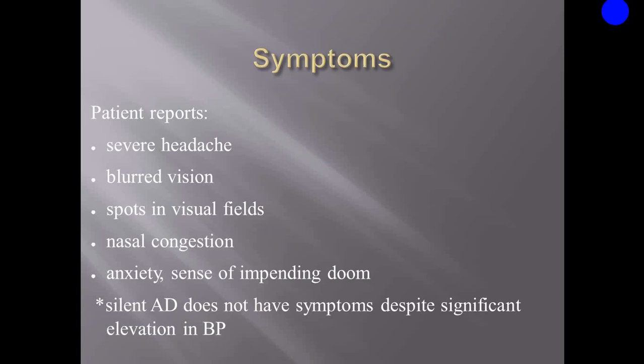Silent autonomic dysreflexia does not have symptoms despite significant elevation in blood pressure, which is considered the most dangerous situation because the blood pressure does not go along with pain, which could alert the patient and the caregivers that the patient has an episode of autonomic dysreflexia.